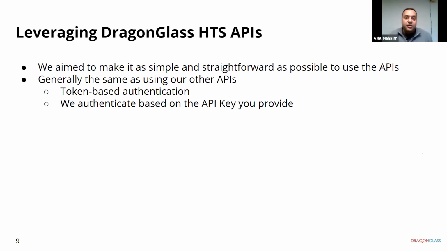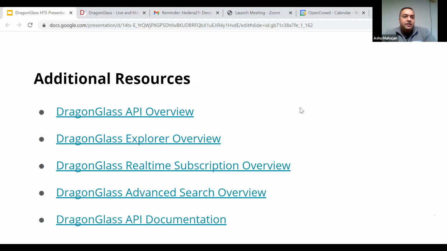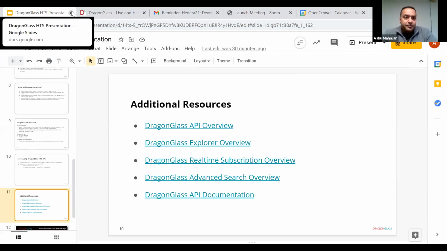You just need an API token, and with just one API token, you can get all the details I spoke about in the last slide. I'll walk you through how to do it. And these are some additional resources you can go through to get further information about DragonGlass APIs. Before getting into the questionnaire, let me walk you through all the.